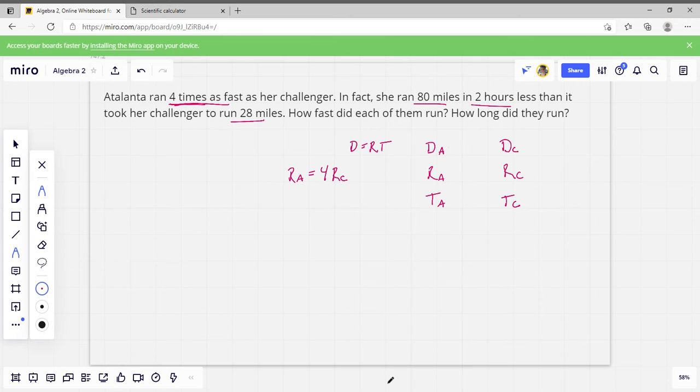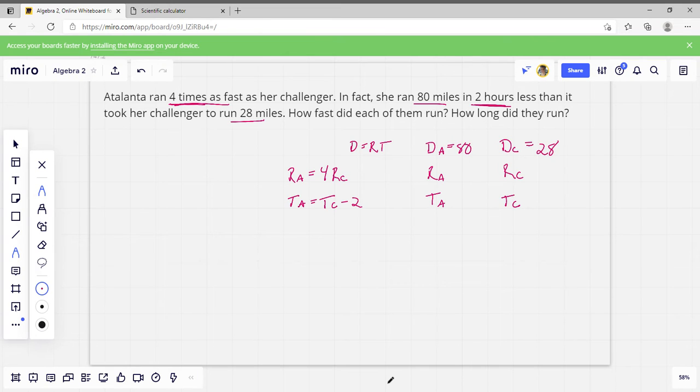She ran 80 miles, so her distance is 80. Her time's 2 hours less, so time of A equals time of C. If hers is 2 hours less, then we got to subtract 2 over there to make those even. Okay, and her challenger ran 28 miles.